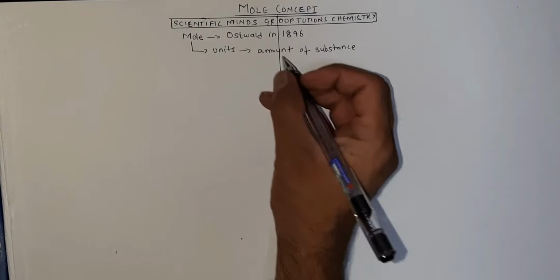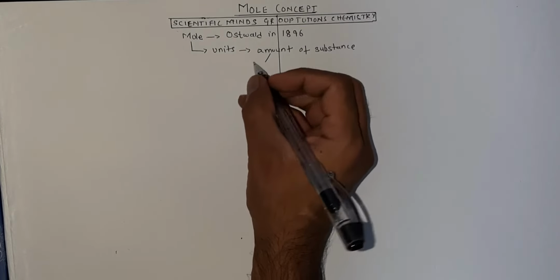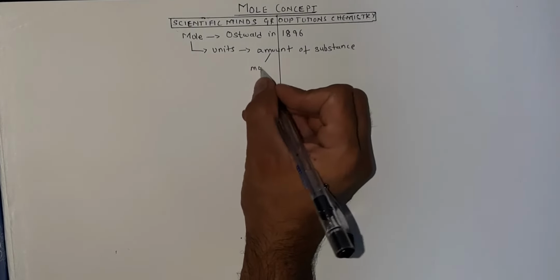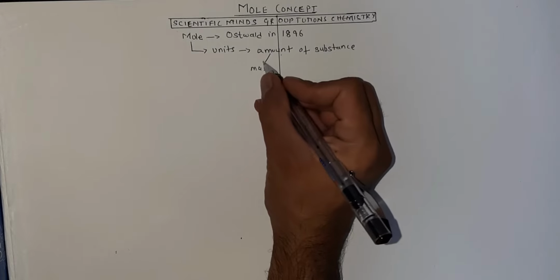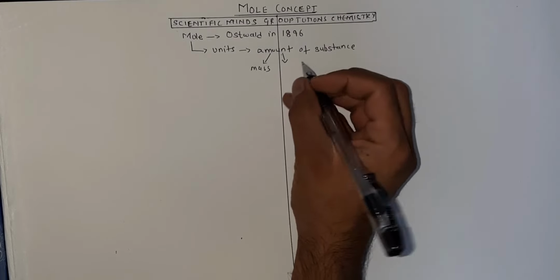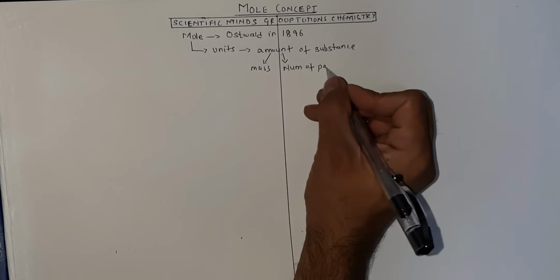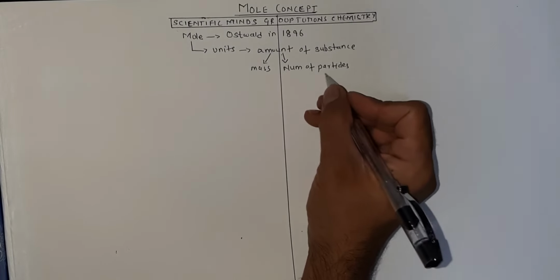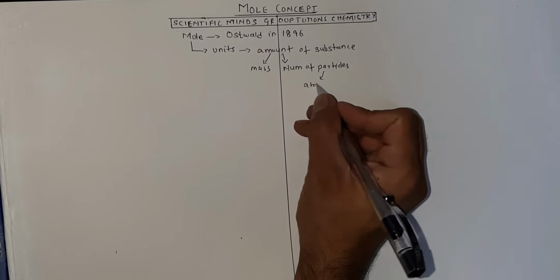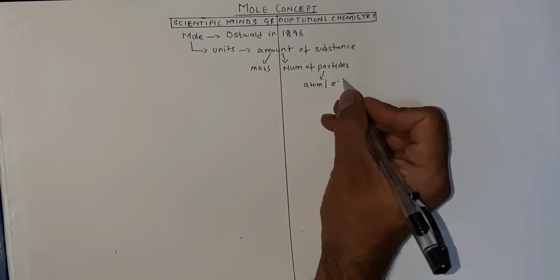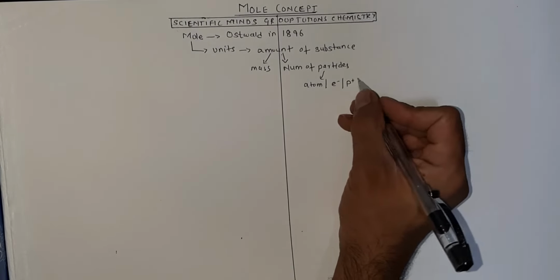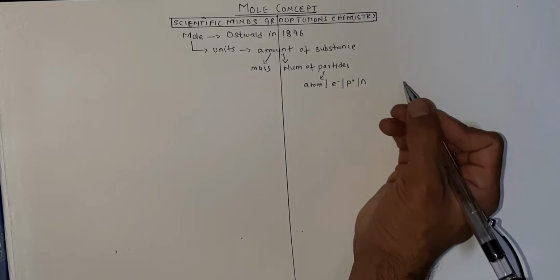Now this amount can be in terms of grams, that is mass. It can be in terms of number of particles. What are particles? Particles can be an atom, an electron, a proton, or a neutral particle, a neutron.